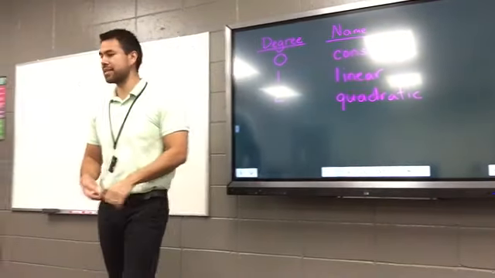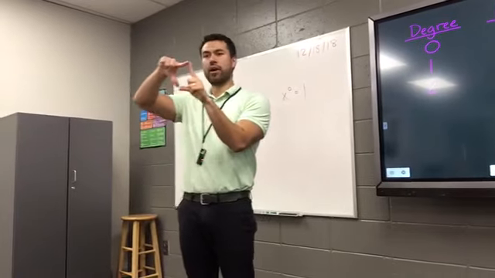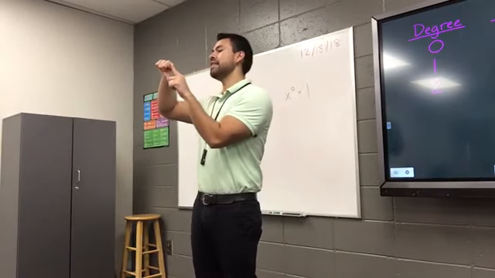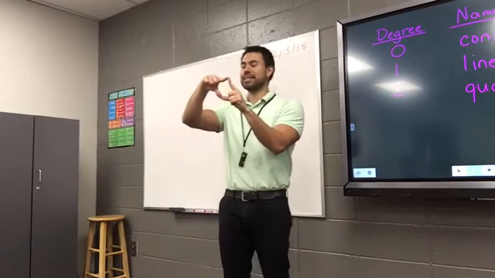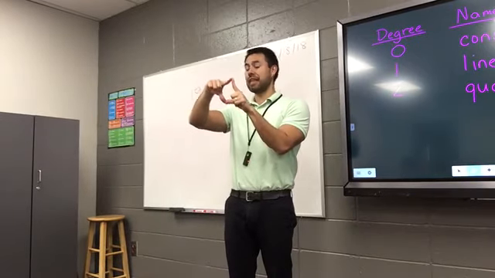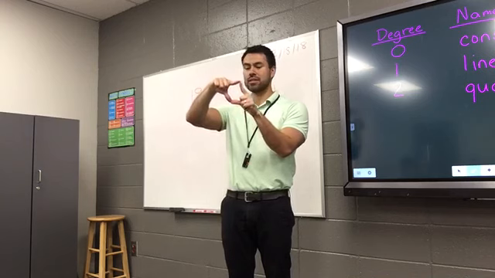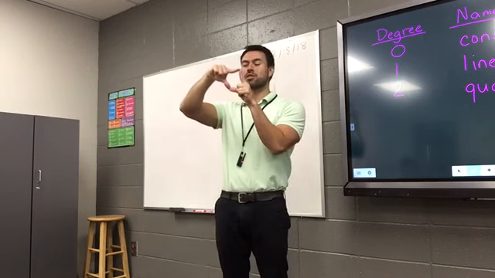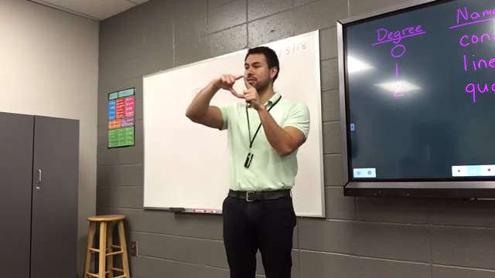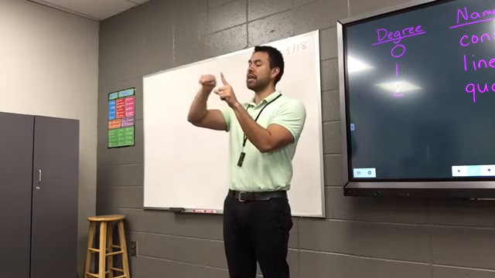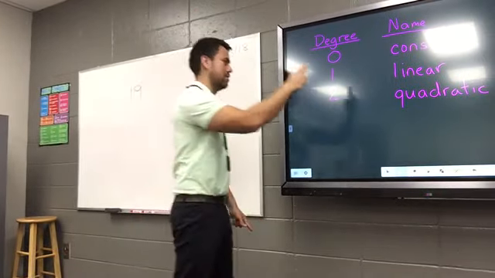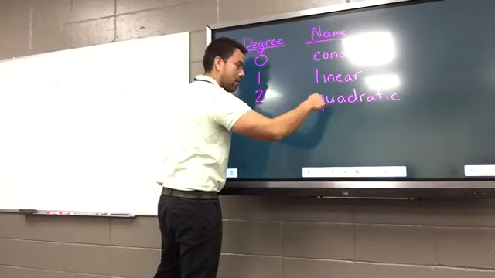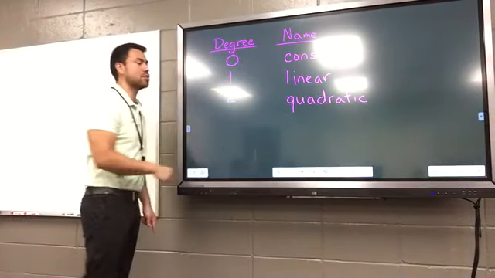Think of a square. How do you find the area of a square? You do length times width, right? A square has the same length and same width. So you do length times width. How many things are you multiplying there? Square or quad gives me 2 things to multiply.